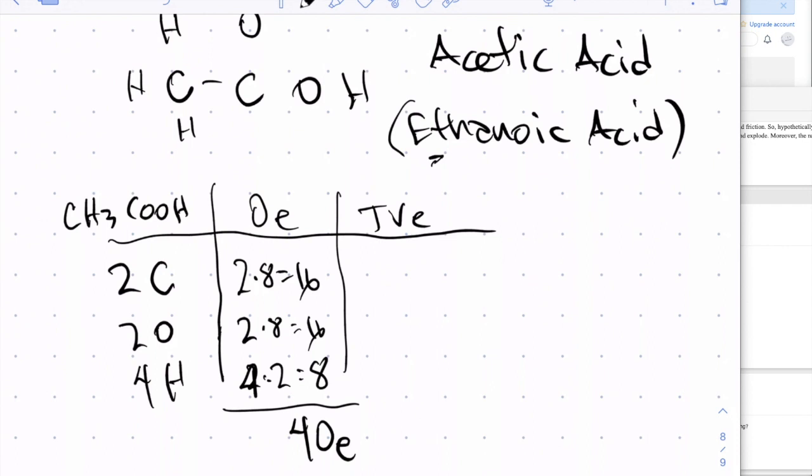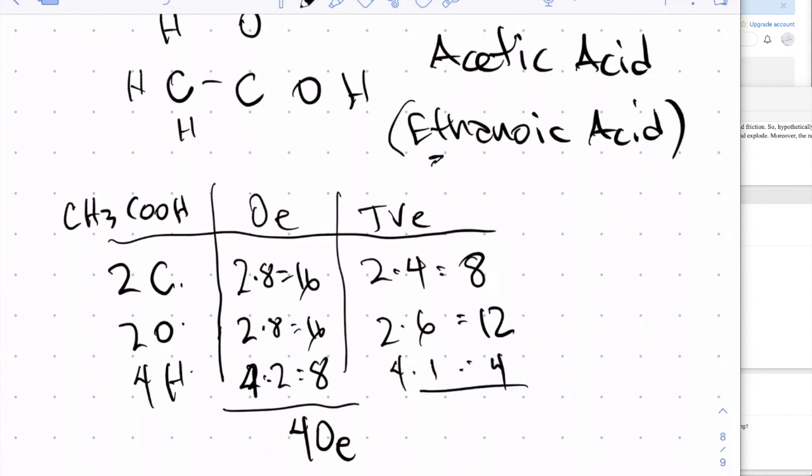So if each one of these atoms had the same number of electrons as the closest noble gas, then we would need 40 electrons. In reality, carbon has 4, there are 2 carbons, so that's a total of 8. Oxygen has 6, there are 2 oxygens, that's a total of 12. And hydrogen has 1, there are 4 hydrogens, and that's a total of 4.